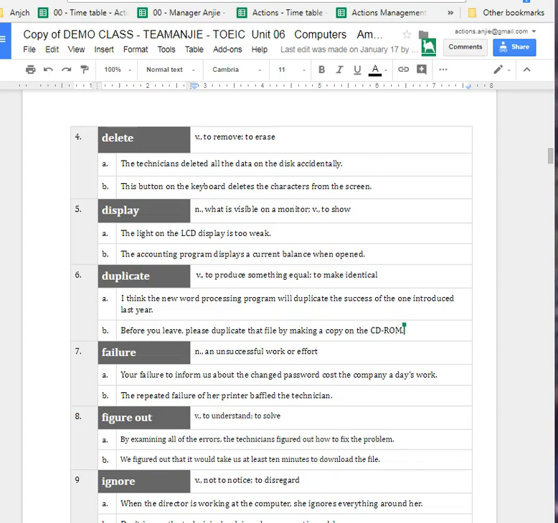Baffled means confused. Since the printer has repeated failure, it gave problem or confusion to the technician.